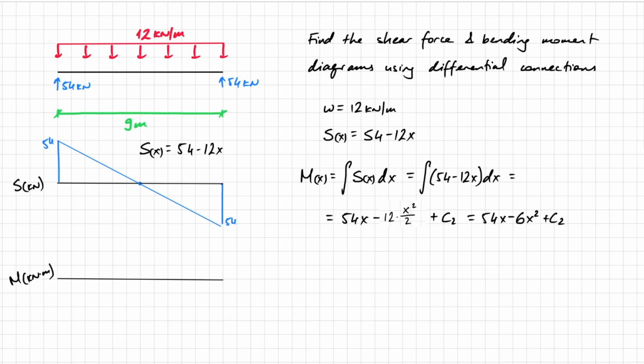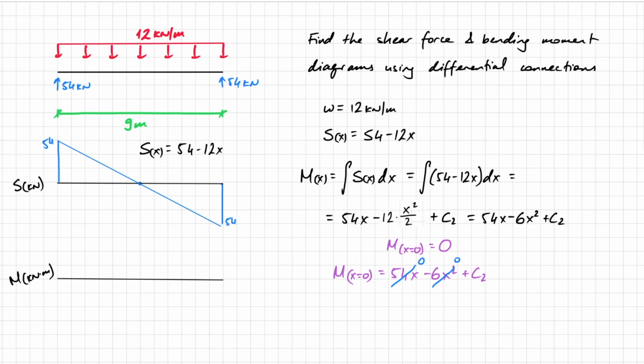Now in this case, I definitely know that when x equals 0, the moment has to equal 0, right? Because it's a simply supported beam. So at the support, there's no restraint for moment, and therefore the moment is 0. So if I say M when x equals 0 equals 54x minus 6x squared plus C2, as you can already tell, this first bit and this second bit are both 0.